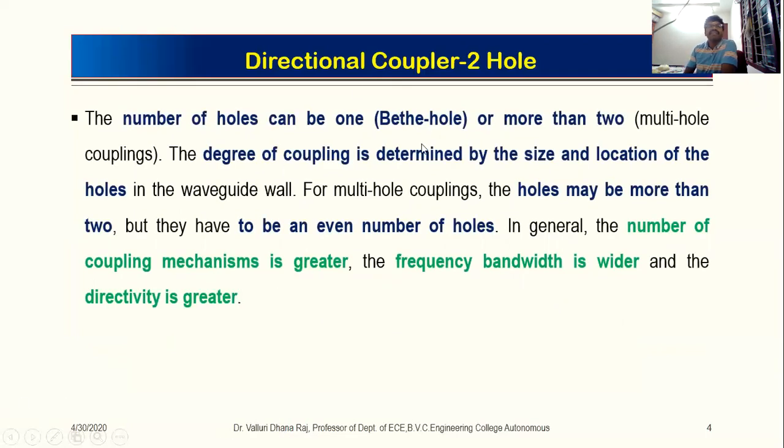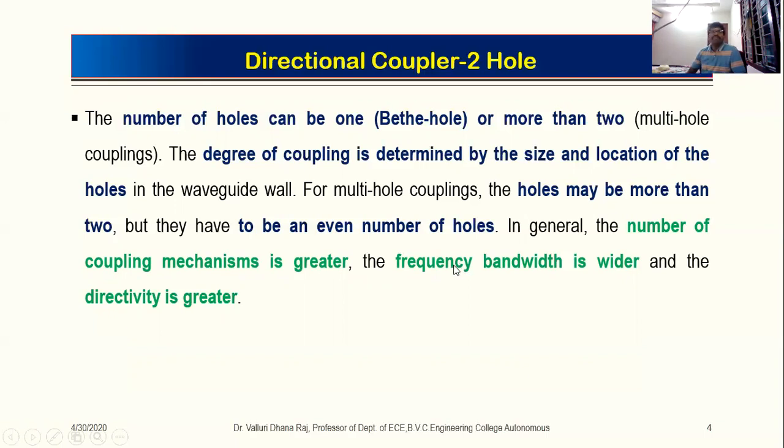As I said, there are different directional couplers, maybe a single hole directional coupler or a two hole directional coupler. If it is a single hole directional coupler, we consider it as a beta hole directional coupler. The number of holes may be more, and the number of holes is required to be even.